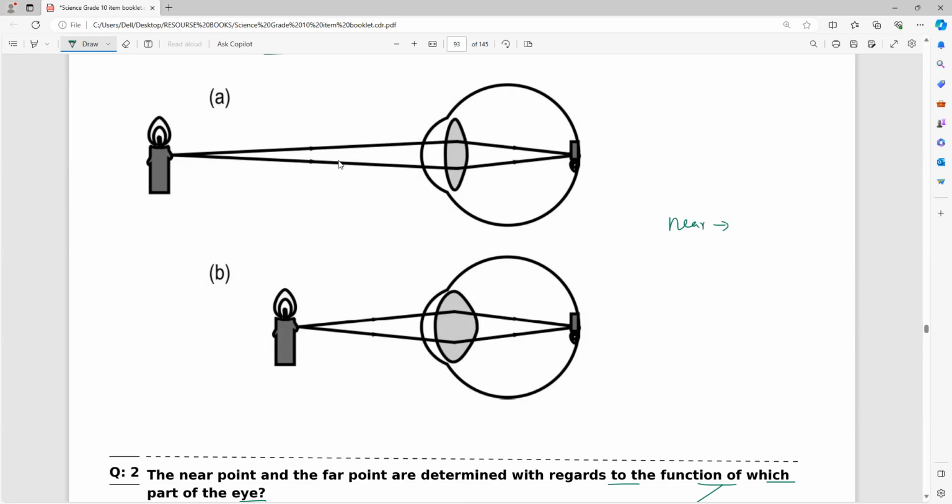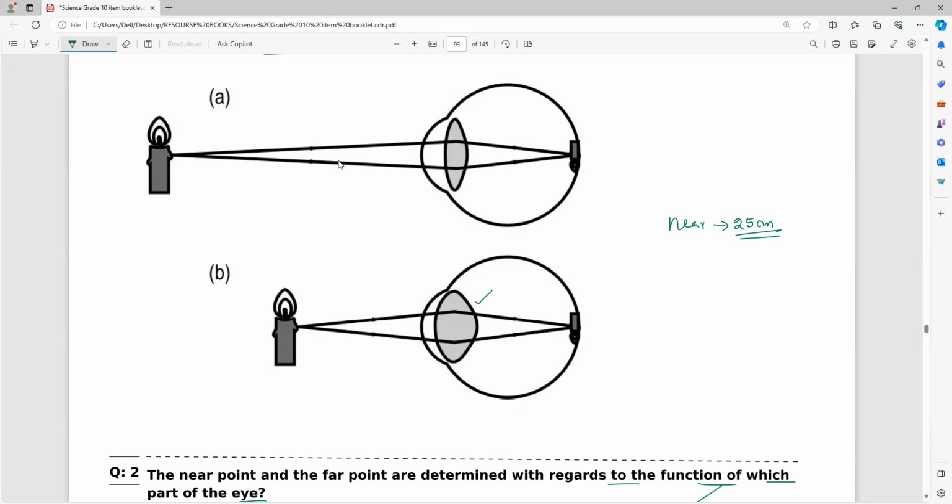Near means a minimum of how many centimeters? Near means 25 centimeters. The ciliary muscles will contract. The thickness of the lens increases, the power of the lens also increases, and the focal length of the lens decreases. So here the ciliary muscles are in a contracting stage.